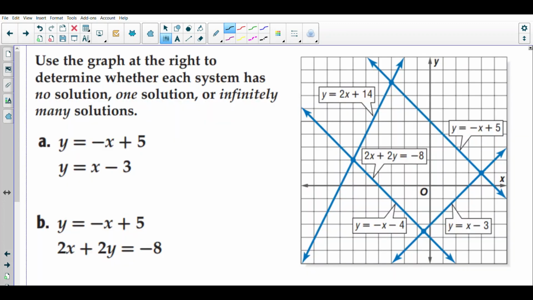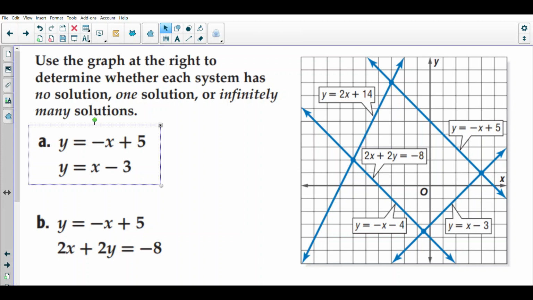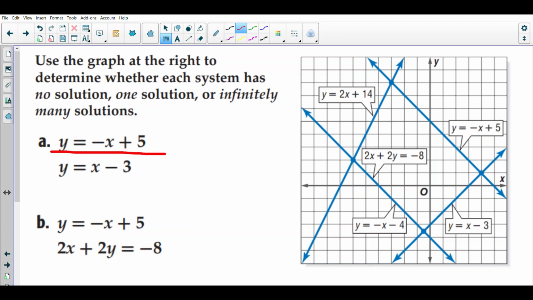Use the graph at the right and determine whether each system has no solution, one solution, or infinitely many solutions. So let's just look here. The first one I'm going to highlight in red. All we have to do is find the line illustrated by y equals negative x plus 5.